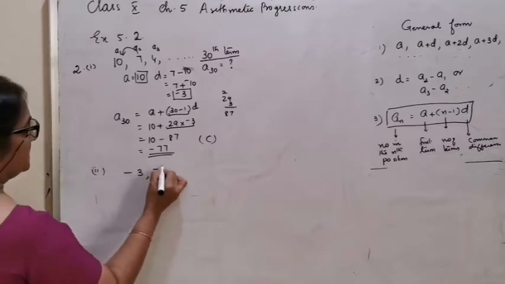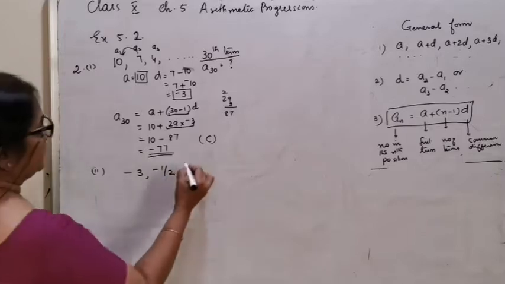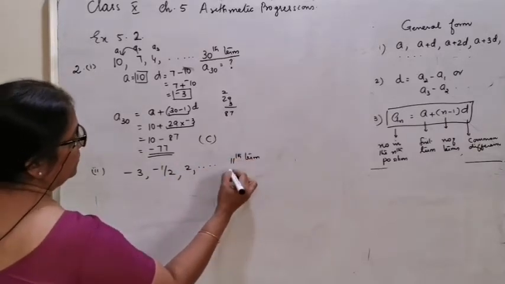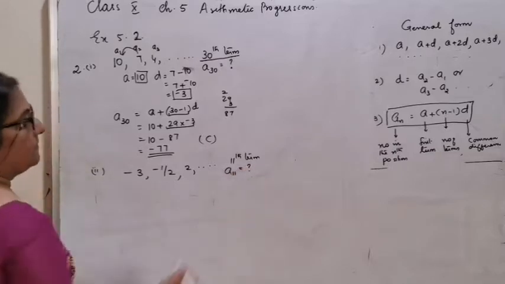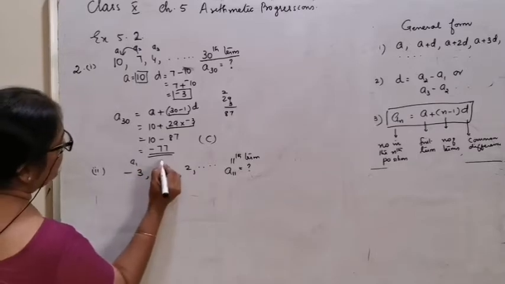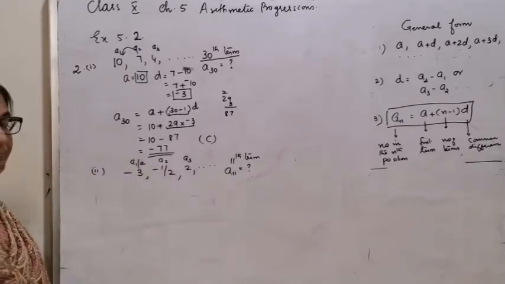The 11th term of the AP minus 3, minus half, 2, etc. You have to find the 11th term. What's the meaning of 11th term? a11. Mark it as a1, a2, a3. a1 or a is the same.